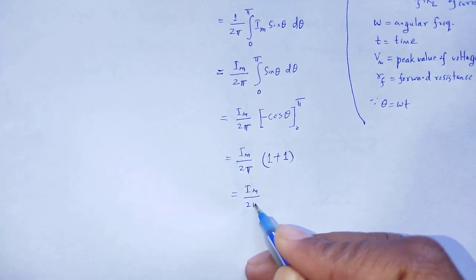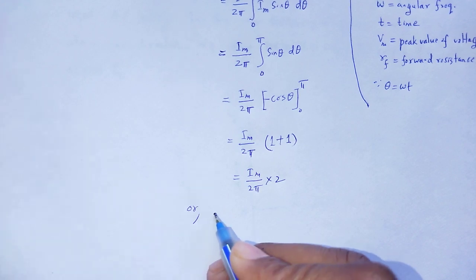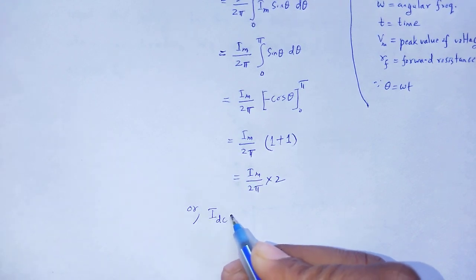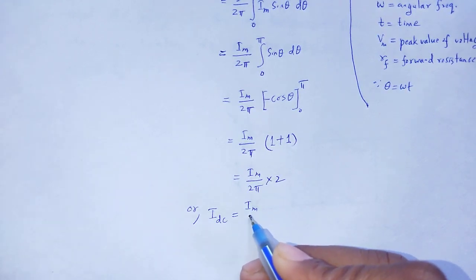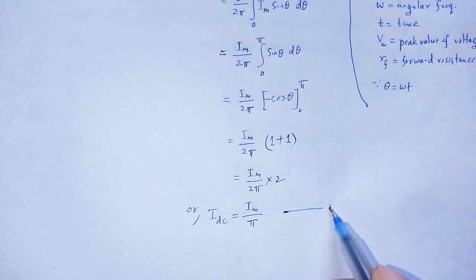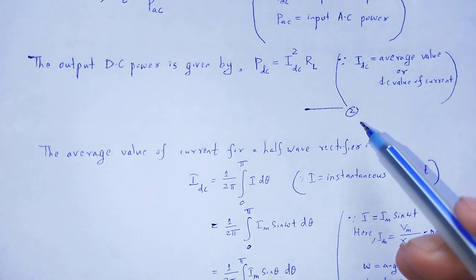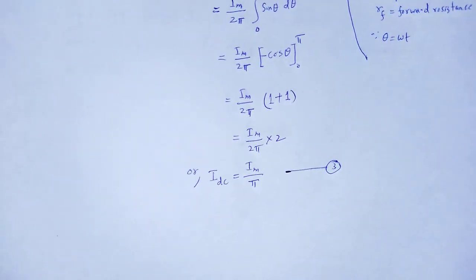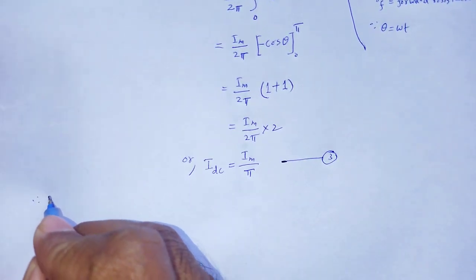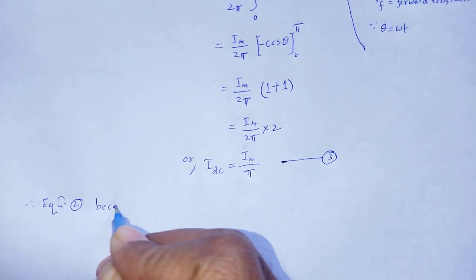So I m divided by 2 pi into 2. Finally we obtain I of DC is equal to I m divided by pi, and that value of I DC we now put in equation number 2.